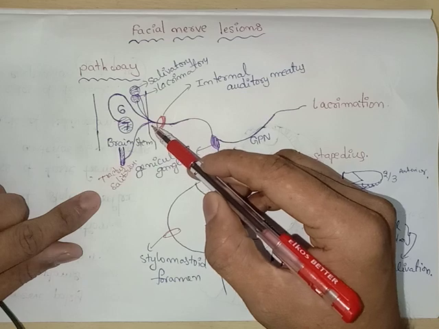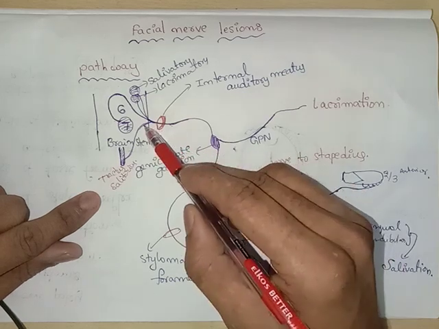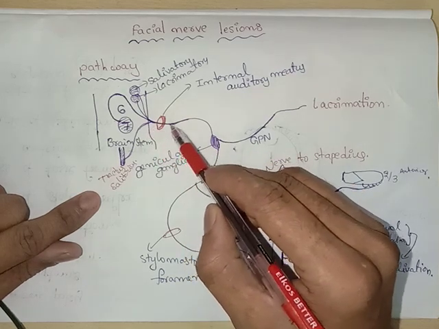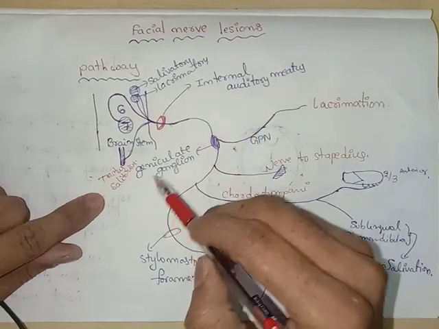These converge to form the seventh nerve and emerge out through the internal auditory meatus.